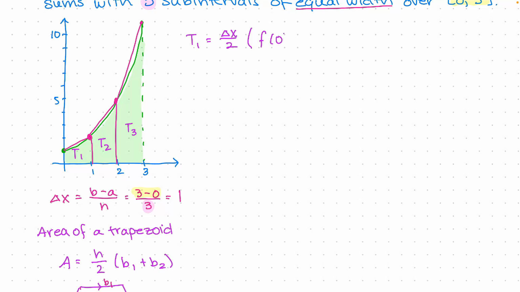So it's f of 0 plus f of 1. And then we'll just evaluate that. So any questions where that's coming from? Because then it's really easy. We already said delta x was 1. And we can see f of 0 is 1 and f of 1 is 2. So it's just 3/2. So any questions finding T1?